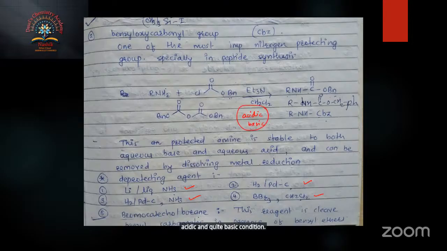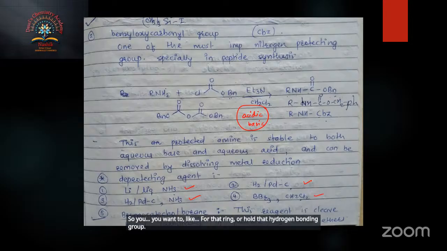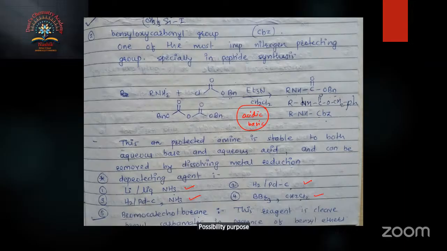Most of these carbamate protecting groups are stable in acidic condition, so you can hold that ring or hydrogen bonding group for stability purposes. Hence, for protection of amine, carbamate is the best protecting strategy.